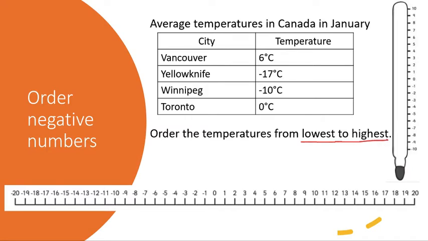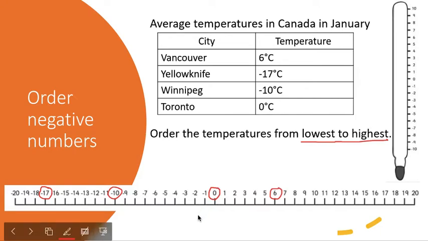Let's talk through this example together. Vancouver is 6 degrees. Yellowknife is minus 17 degrees. Winnipeg is minus 10 degrees. And Toronto, 0 degrees.